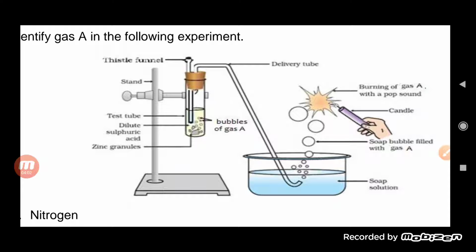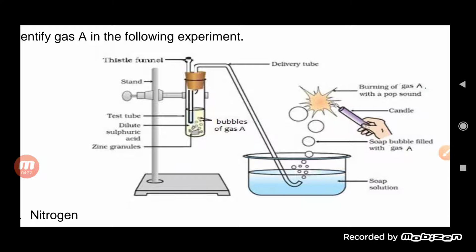This delivery tube is kept in a soap solution, and you can see a bubble coming out. You know that in a solution, if a bubble is coming out, that is an indication that a gas is being released. And a very good thing that is given here is the burning gas.